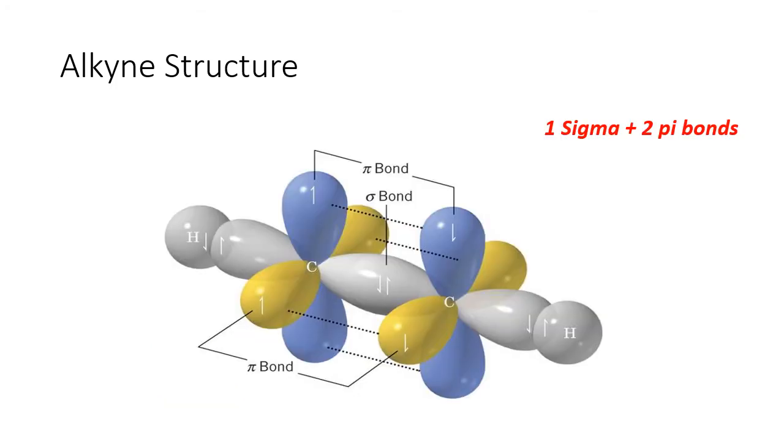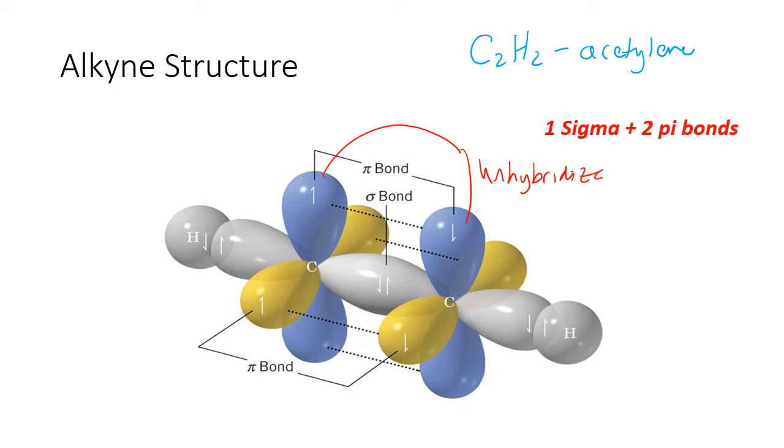So here is our drawing of our atomic and hybrid orbitals in the molecule C2H2, which is commonly called acetylene. That is a common name for the simplest alkyne. So remember, we have unhybridized p orbitals that are present perpendicular to the internuclear axis.